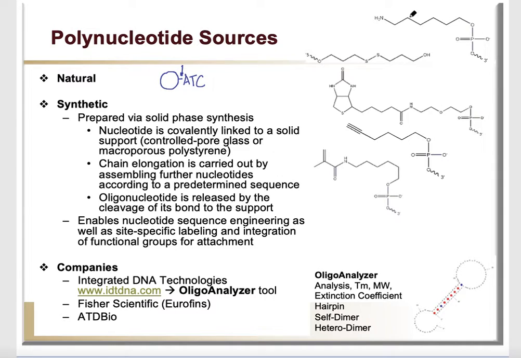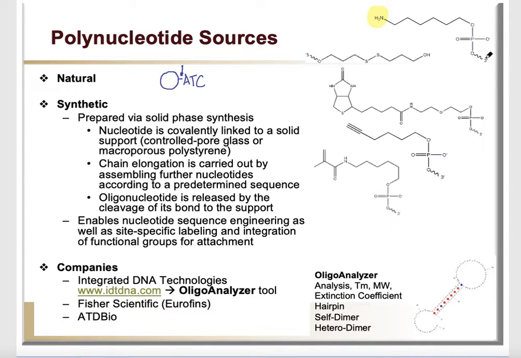On the right-hand side, I'm showing some of the commercially available linkage or functional groups that can be attached to nucleic acids. One of them is primary amines, and this is how the primary amine would be attached to your nucleic acid.